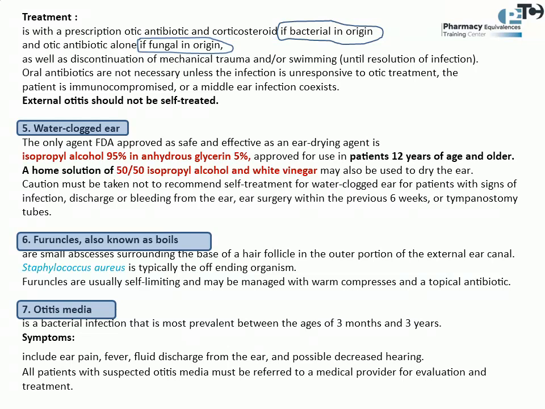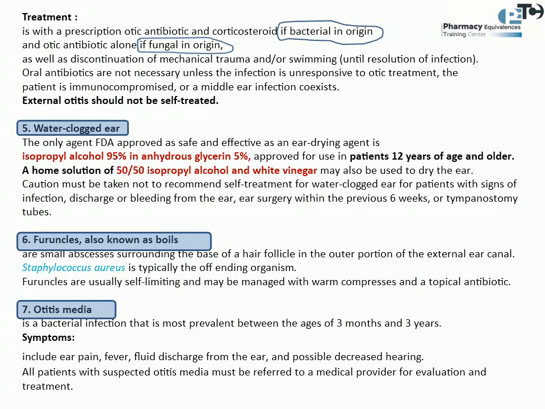And if the involvement is of fungal infection, the only option we have is an antifungal. The patient must discontinue swimming, and avoid any condition that will cause trauma to the external ear.